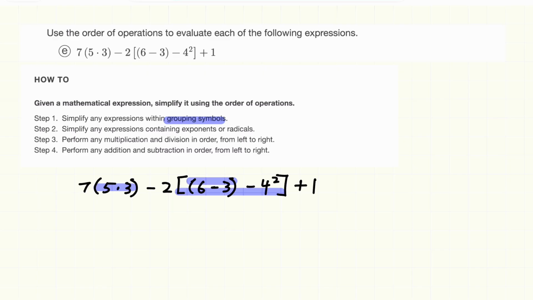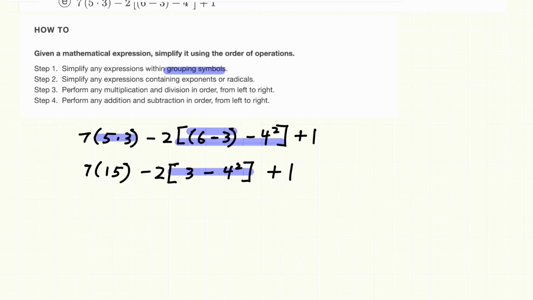For nested grouping, we just work from the inside out, and I can still go left to right with that first parentheses. 5 times 3 simplifies to 15. Inside, in the innermost grouping symbol, we have 6 minus 3, which is 3. And notice that's the only operation we're doing during that first pass, but that we still have a grouping symbol.